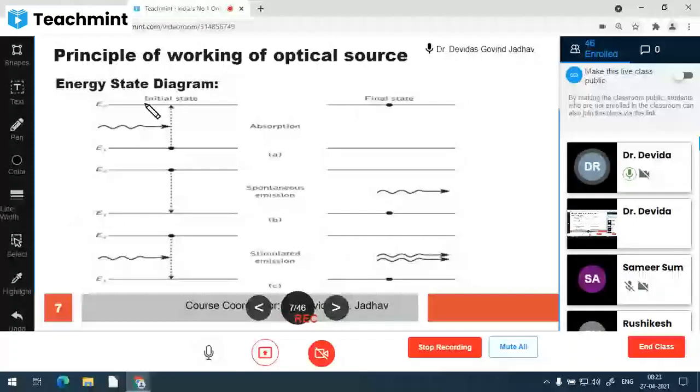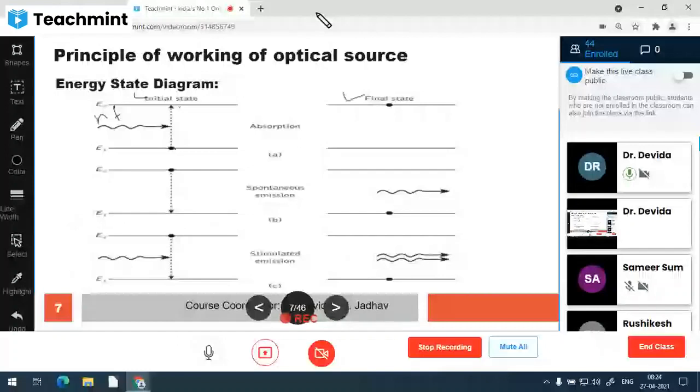So the initial state is shown here and the final state is shown on the right hand side. In absorption, whenever a photon of energy hf is absorbed, then charged particles go from the lower energy state to a higher energy state, and the final state is in the conduction state.